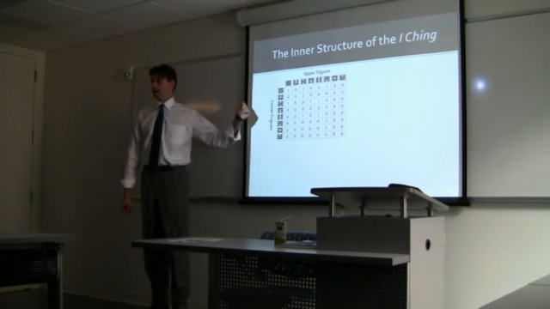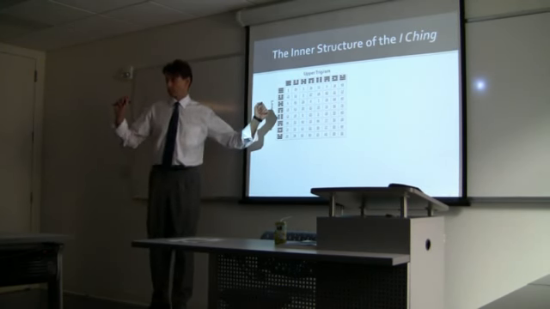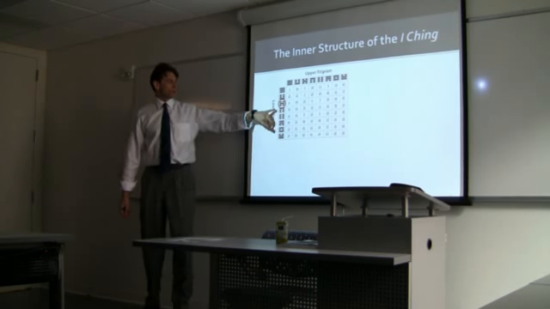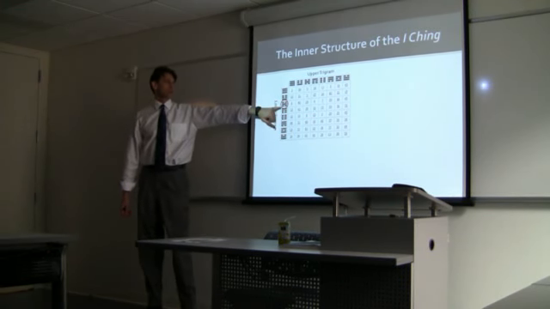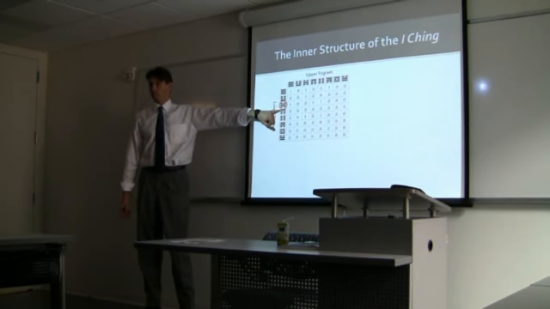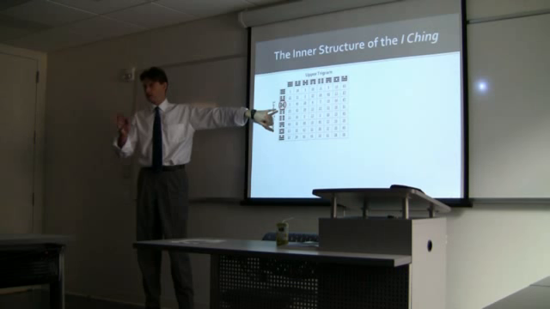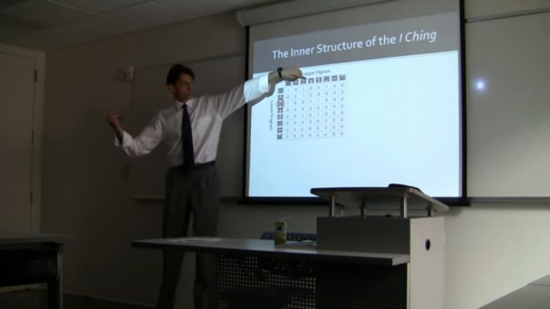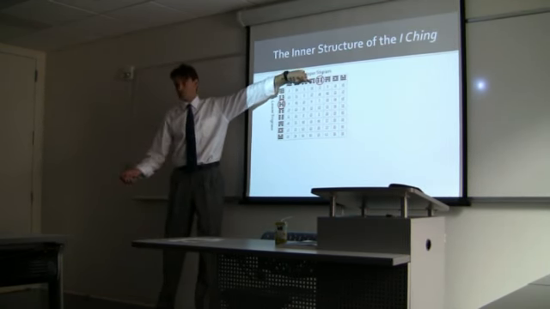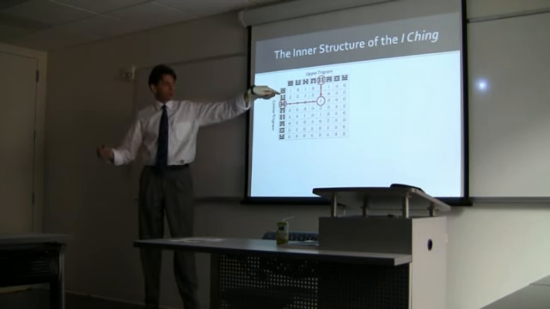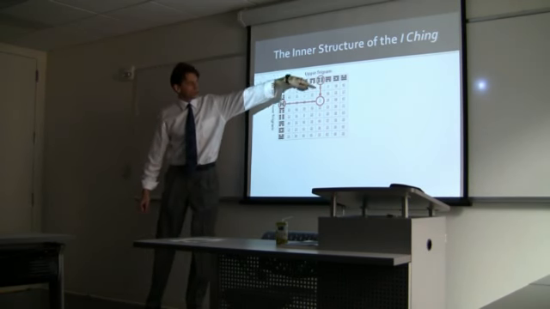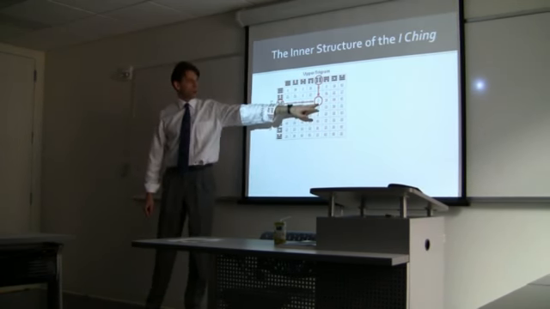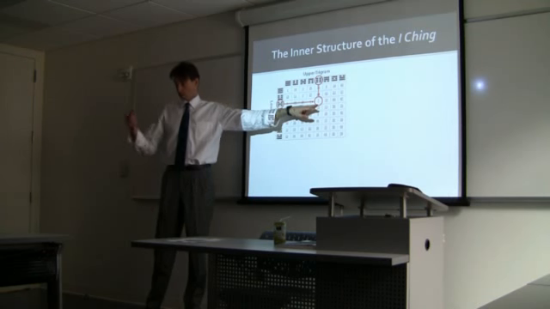Let's say we somehow determine that we need to use this particular trigram, and I'll talk about how it's done in a second. And let's say you determine that we need to use this other trigram. The intersection of these two gives you pattern number 7.